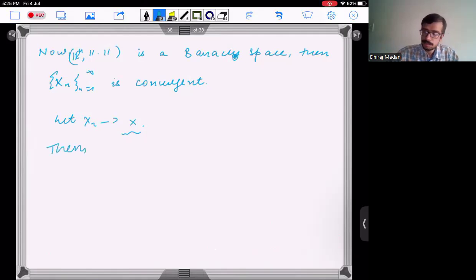Then given epsilon greater than 0, there exists n naught such that the norm of xn minus x is less than epsilon for all n greater than or equal to n naught. Okay.